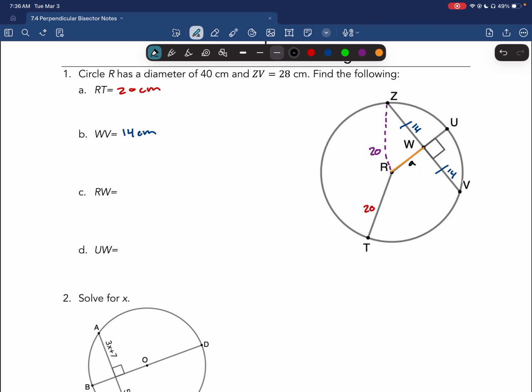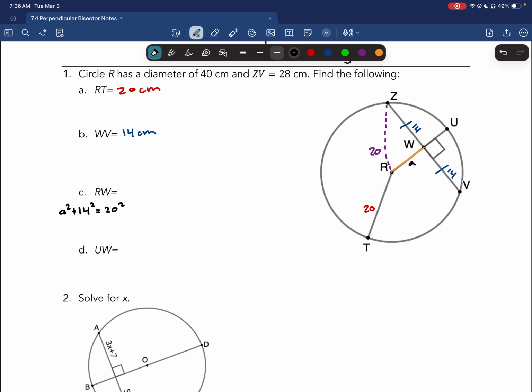Okay, so if I call this A because it's one of my legs, right? Then I have A squared plus B squared equals C squared because my hypotenuse is always C. So I'm going to write that down. I've got A squared plus 14 squared is equal to 20 squared.